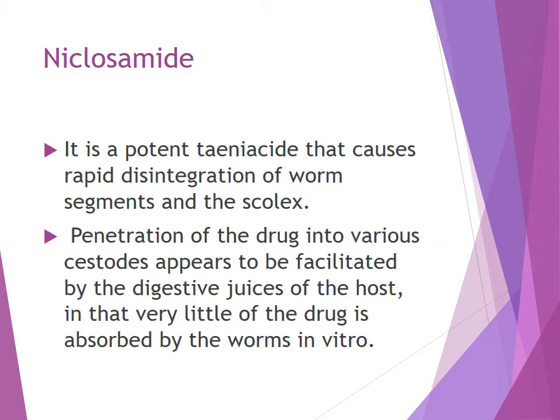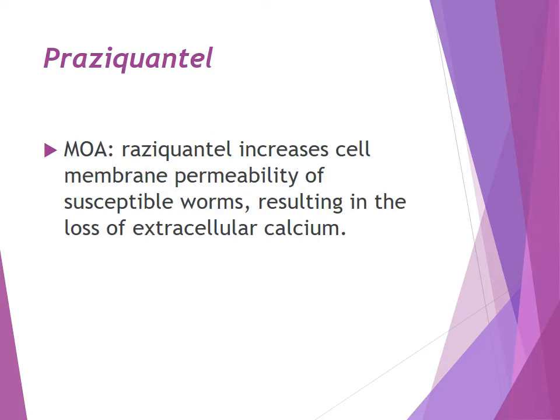Next, we have niclosamide. Niclosamide is used for cestodes like Taenia saginata. No? So therefore, it is a potent taeniacide that causes rapid disintegration of worm segments and the scolex. Okay, next we have praziquantel.